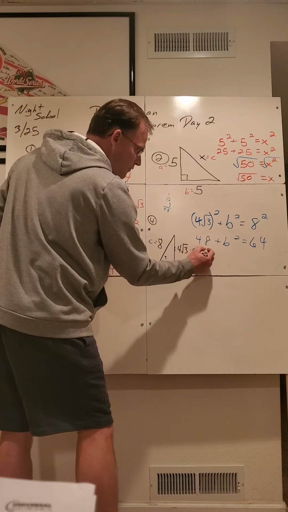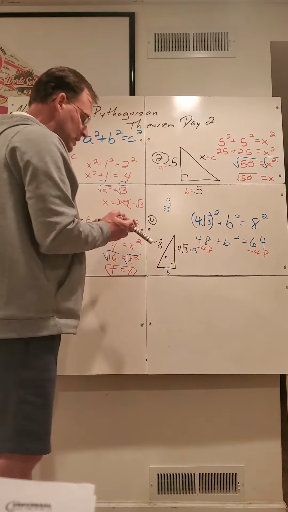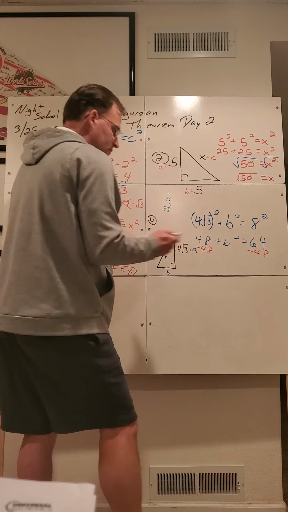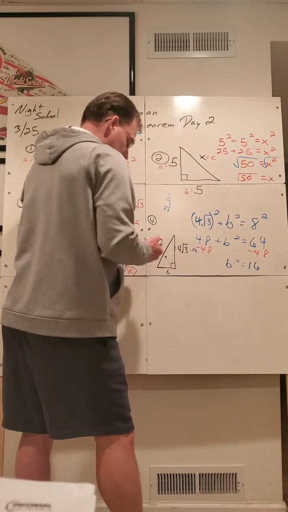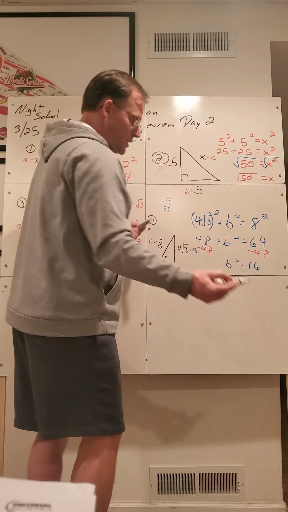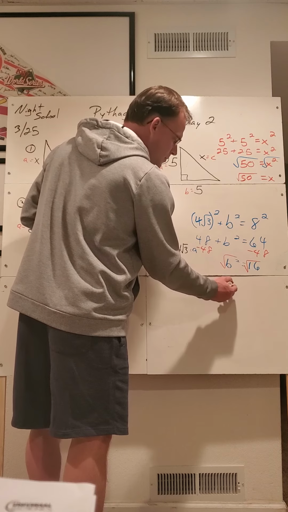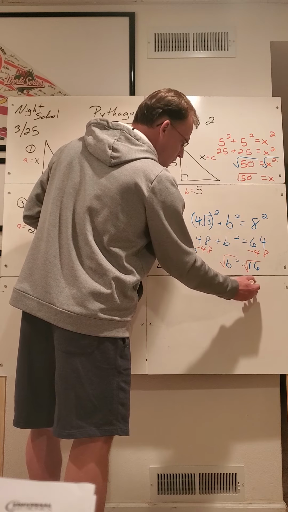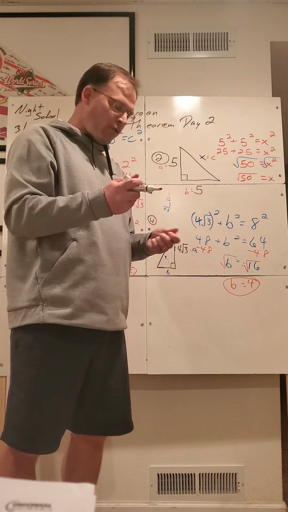So I solve the equation by subtracting 48 from both sides. That gives me b squared equals 16. Now, to get b by itself, we square root both sides. B is 4.